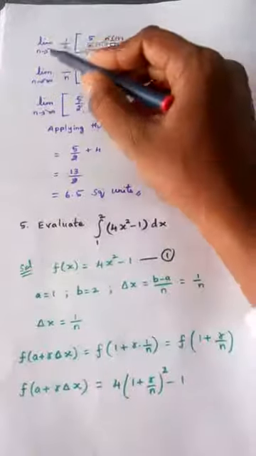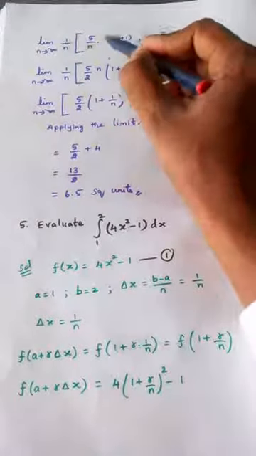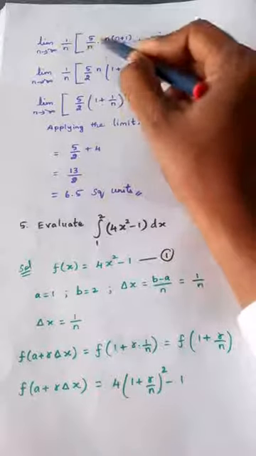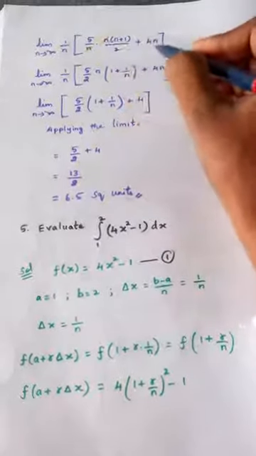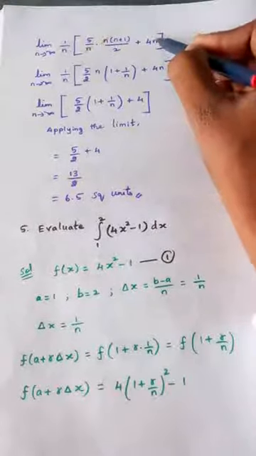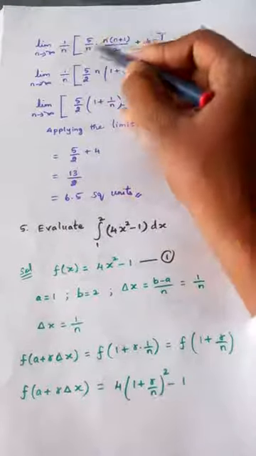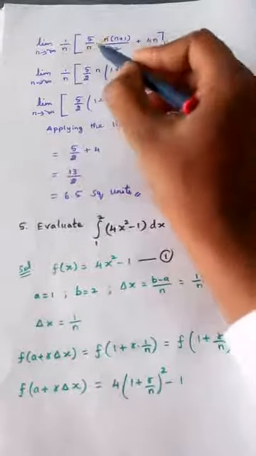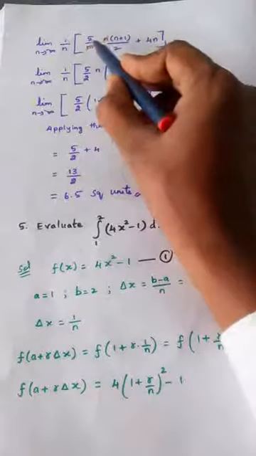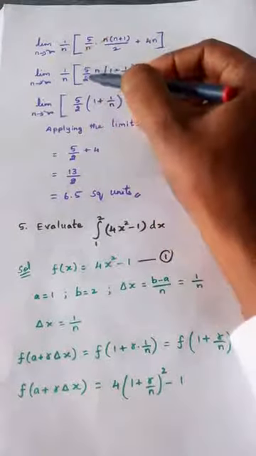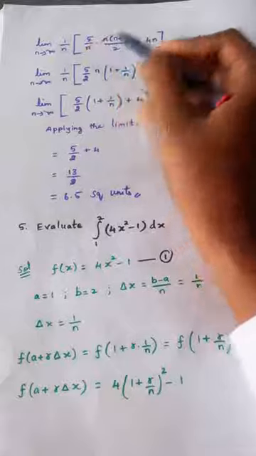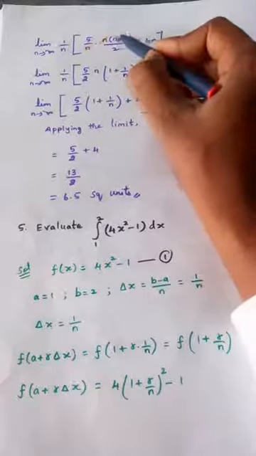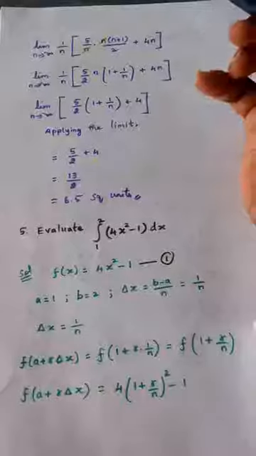Limit n goes to infinity, 1 by n. So if you see, in place of sigma r, I will be writing n plus 1 by 2, and in place of sigma 1, n. Now this n and n get cancelled. The remaining thing I am writing here, 5 by 2. Listen carefully, 5 by 2. Now from this bracket, take n outside.